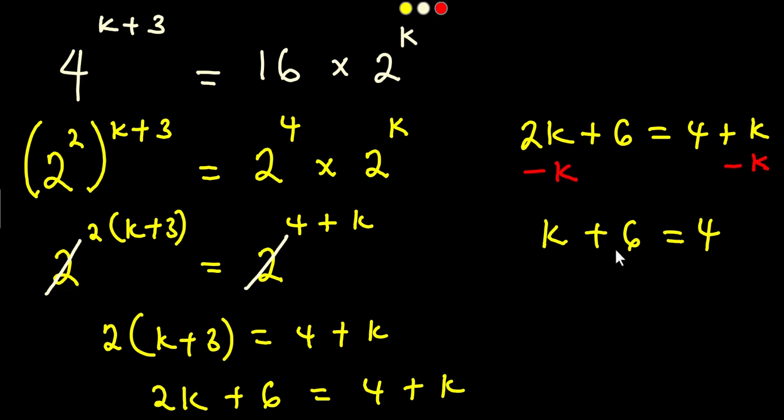So now we have k plus 6 equals 4, and again you could do the same thing. This is plus 6, so you add the reverse of it, which is minus 6 on both sides, so you have minus 6 here and minus 6 here, and plus and minus is 0, so that cancels out itself, and that equals, and 4 minus 6 will be minus 2. So you can see that the value of k is minus 2.